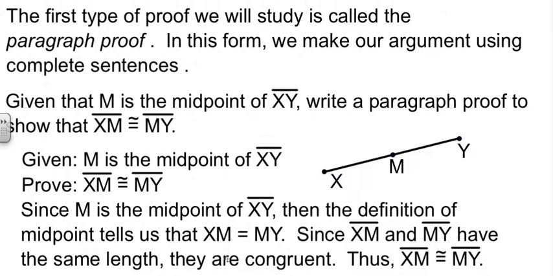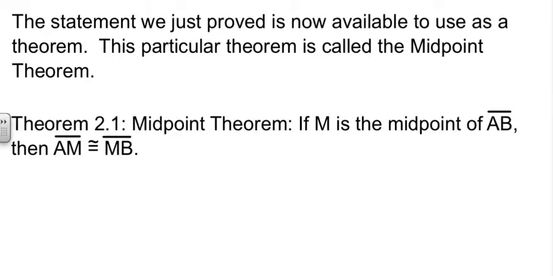Thus, since I know they are congruent, I can say XM is congruent to MY, which is what I was trying to prove. So I've gotten there. Now that we've proven that statement is true, if M is the midpoint of segment XY, then XM is congruent to MY.